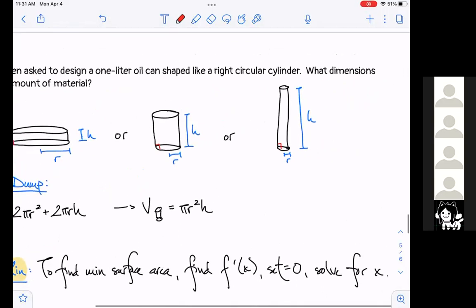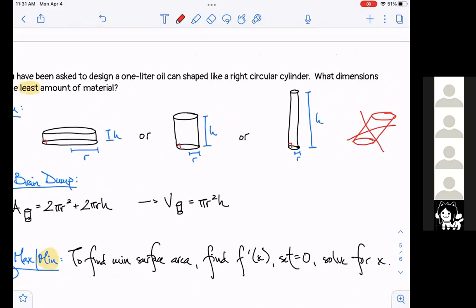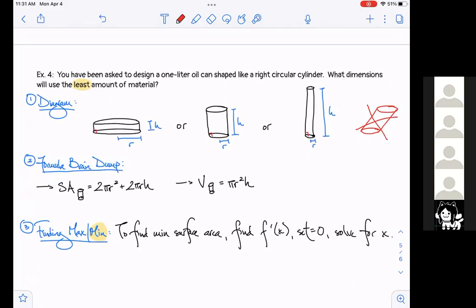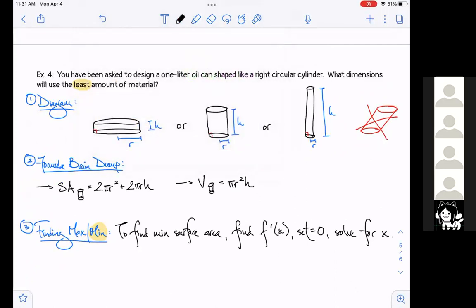So we wouldn't want to draw something like this where we have a slant, that would not be a right circular cylinder. So we wouldn't want to draw that last picture. But any of the other three would be fine, right? Any questions so far about our diagram, the formula brain dump, or finding the max or the min?